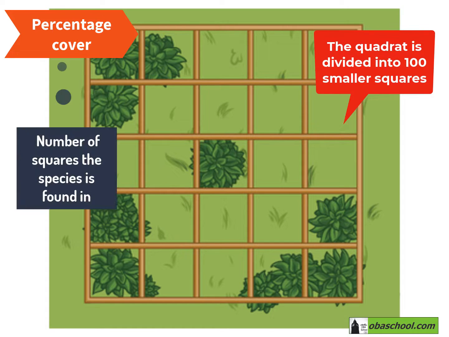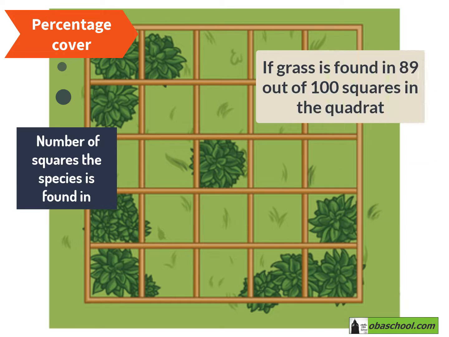The number of squares the species is found in is equivalent to its percentage cover in that quadrat. For example, if grass is found in 89 out of 100 squares in the quadrat, then it has a percentage cover of 89%.